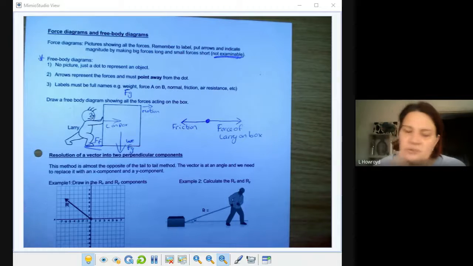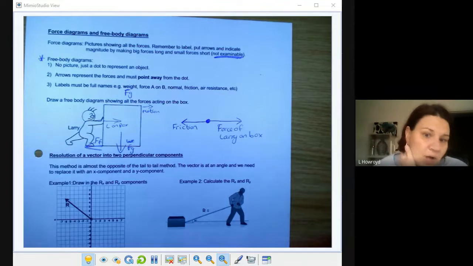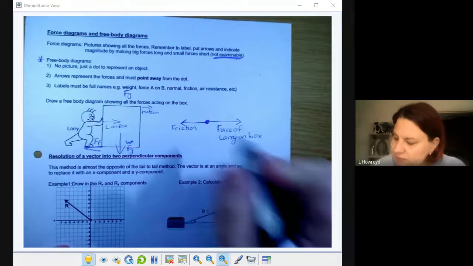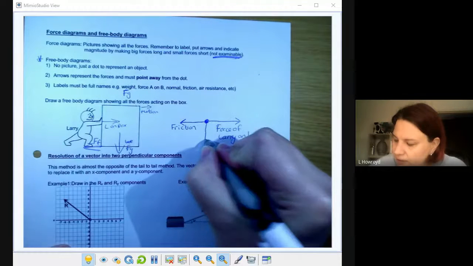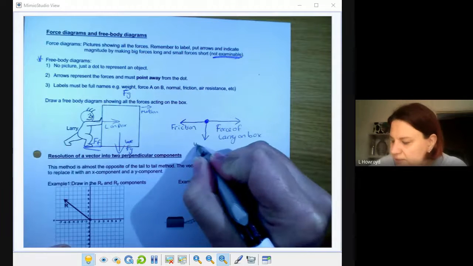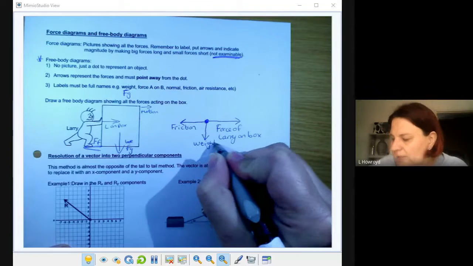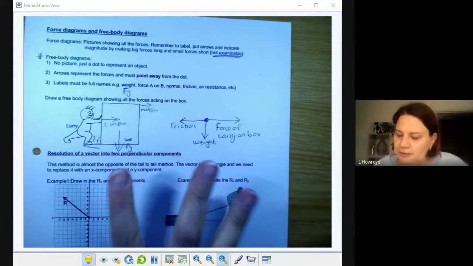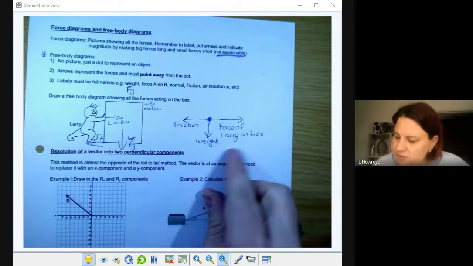The last force that the box is experiencing is its weight, so we can say weight. Again, you don't have to say weight of box, you can say weight. Those are the forces that the box is experiencing for now, and this would be considered your free body diagram.